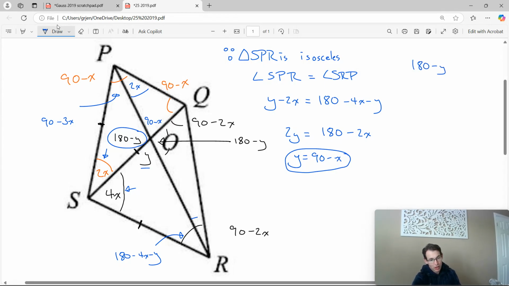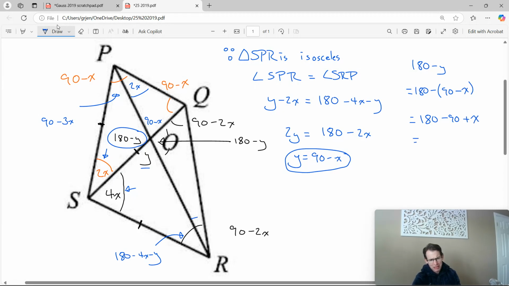180 minus y equals 180 minus, always substitute into brackets, or else if you make an algebra error like that in this question at this point, I'm so sorry for you, because your algebra mistake will be so frustrating and your problem solving has been so good, but you forgot that this is 180 minus (90 minus x).